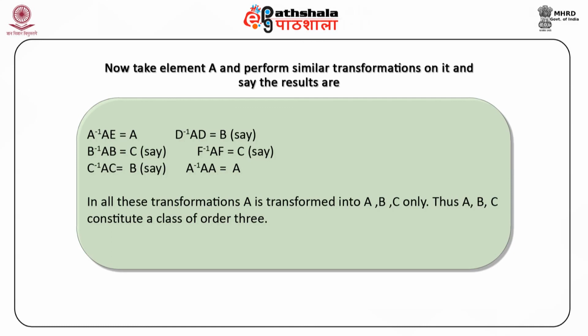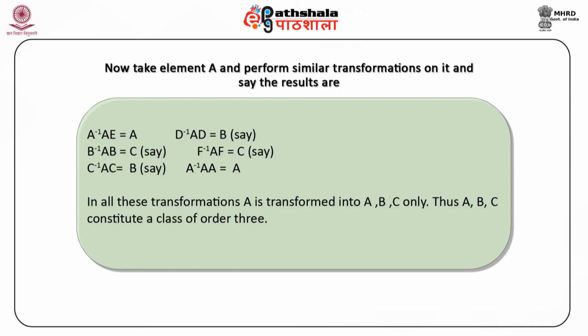Now take element A and perform similar transformations on it. The results are, say, A inverse AE equals A, B inverse AB equals C, C inverse AC equals B, D inverse AD equals B, F inverse AF equals C, A inverse AA equals A.